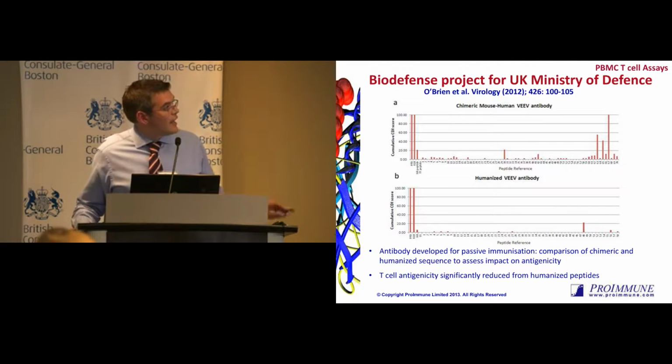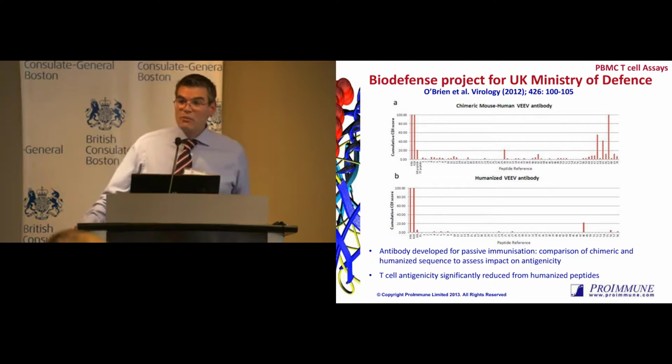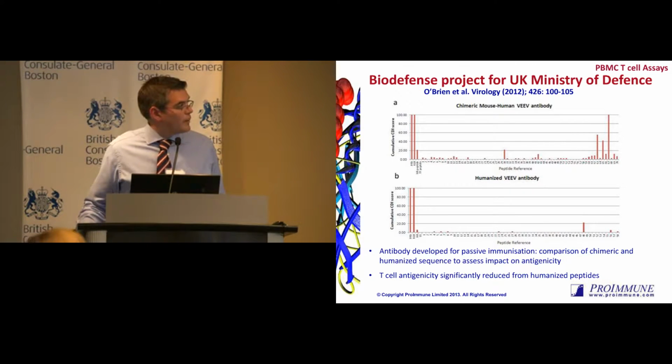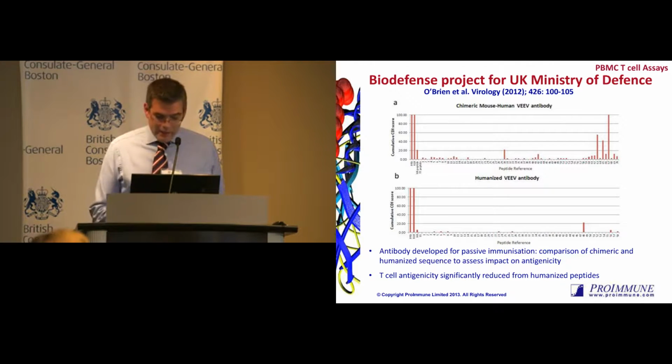the field. And so the client had developed a chimeric antibody against VEEV, and also a humanized VEEV antibody as well. So the first issue was that the chimeric antibody itself was very difficult to express, and they'd changed the actual sequences by point mutation, and then the humanized version was developed.